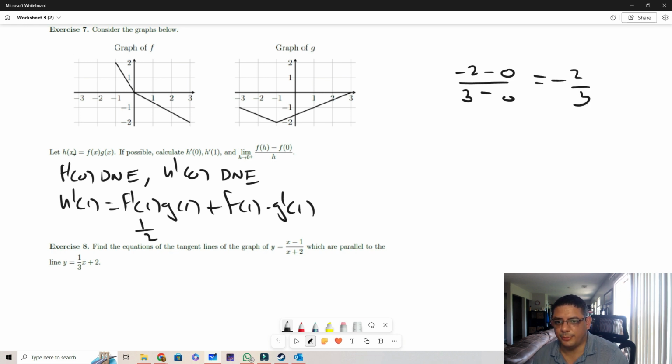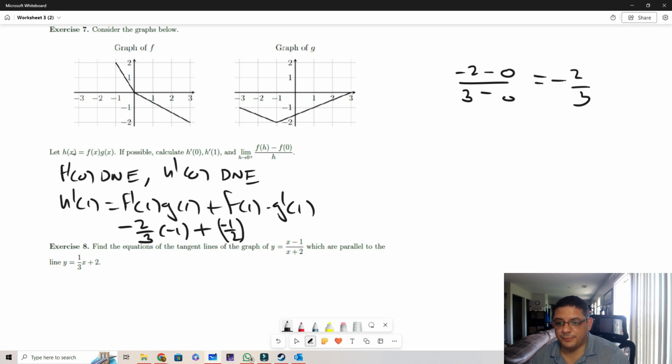That's the slope of these 2 points. And g of 1 is -1. And then plus f of 1 seems to be -1/2, sorry.